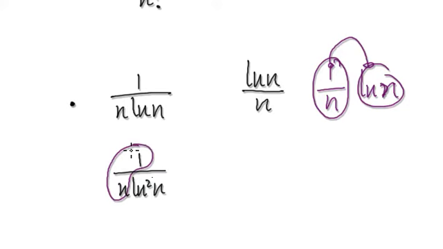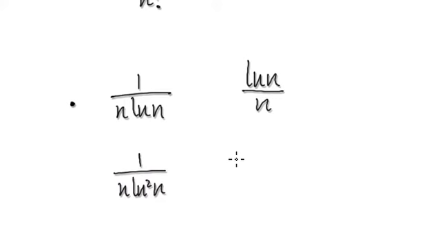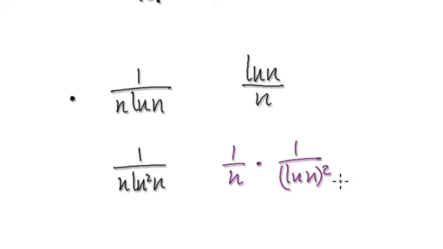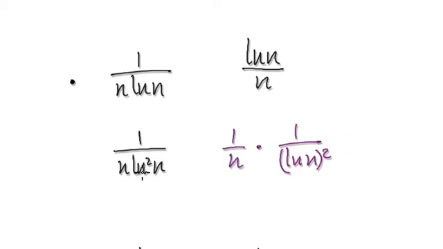Or when you have something like this, visualize it like this: 1 over natural log n squared. Well, you would then map a continuous function on top of this. So you're looking at something like x, and then you square it.